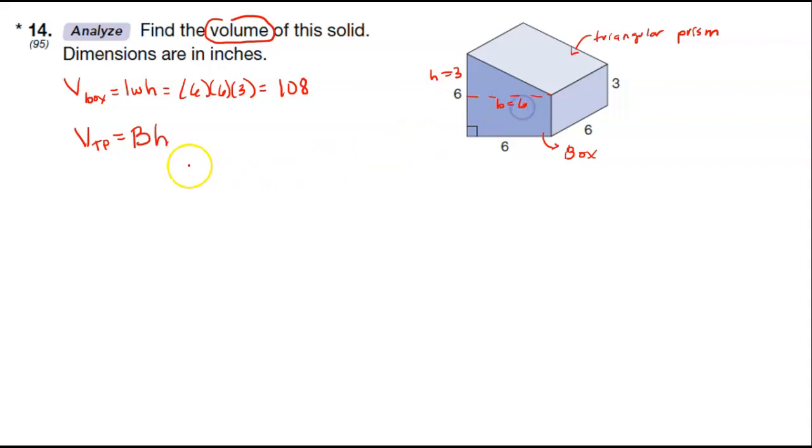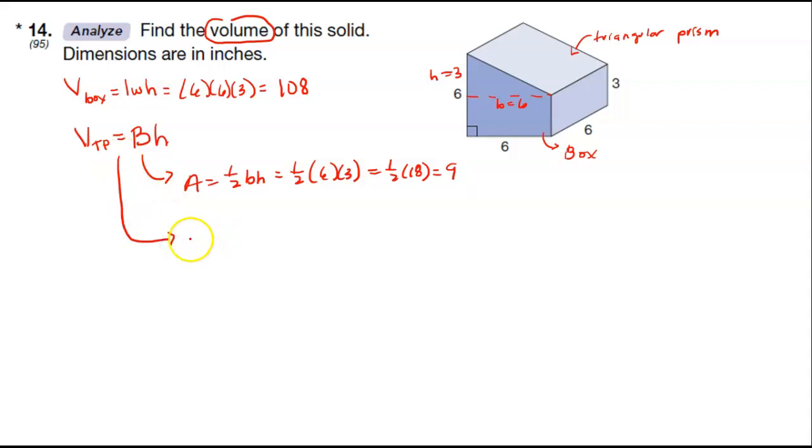Let me find my area here. 1/2 base times height, 1/2 times 6 times 3, 1/2 of 18, which is 9. So I'm going to plug that back in. Base times height is equal to 9 times the height of the whole thing, so 9 times 6 is 54.